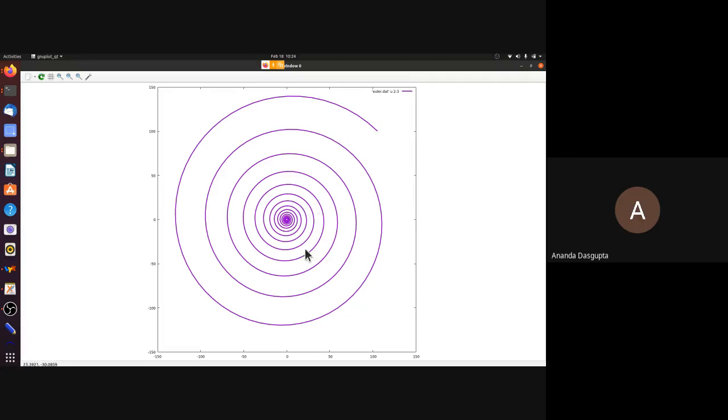Why? Because the Euler algorithm does not care about energy conservation. Neither, by the way, does the second algorithm. It doesn't give you a conserved energy, but it conserves energy on average. Here the energy is not conserved at all. It keeps on spiraling outwards.